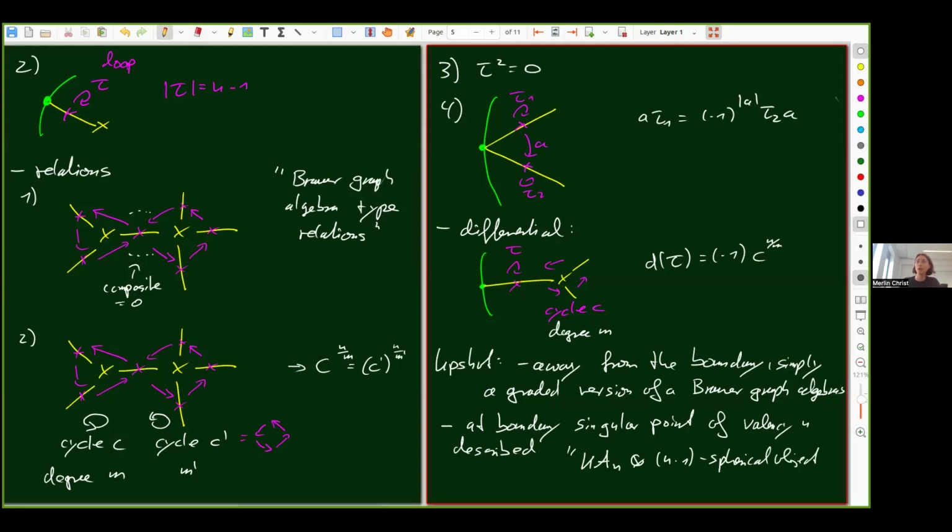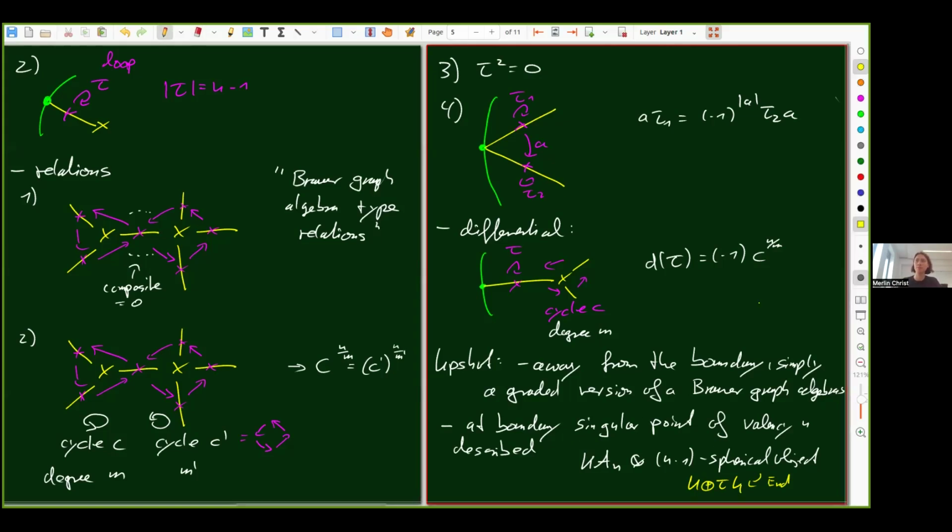Right? Where does the spherical object come from? Basically, if you take k plus tau k, tau squares to 0, this gives you the endomorphism algebra of a spherical object, an n-1 spherical object.